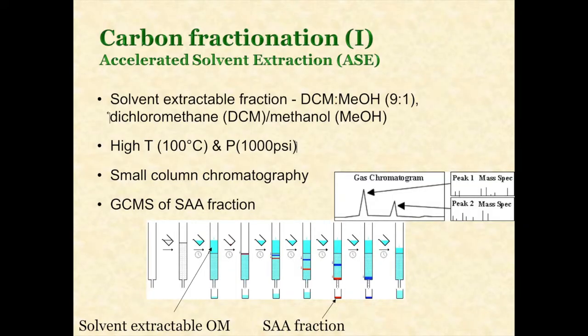We were also scratching our heads about how we can better identify and characterise and understand the changes that are happening with organic carbon. And so we hooked up with some organic chemists, and we tried to use a method that's based on accelerated solvent extraction, where we have a dichloromethane methanol extraction that's cooked up at high temperature and pressure, and we then use GCMS to try and resolve what's found.